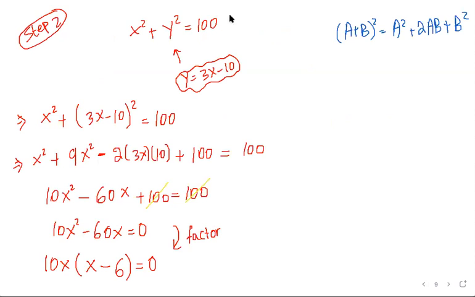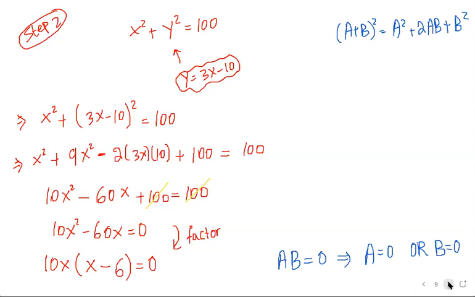So by using chapter 1, I think, said if A times B equals 0, this means A equals 0 or B equals 0. So the same thing, 10x times this thing equals 0, 10x equals 0, or x minus 6 equals 0.